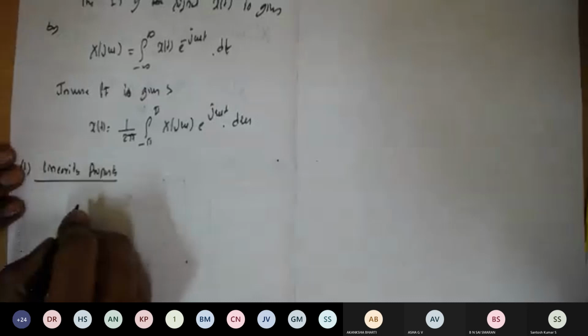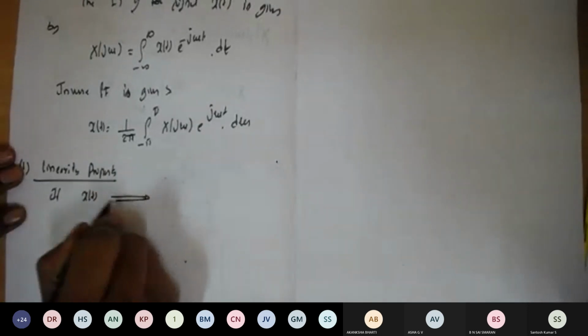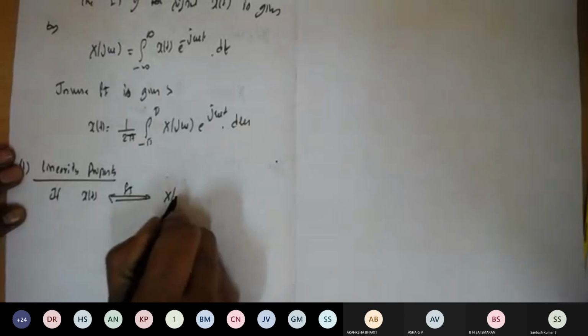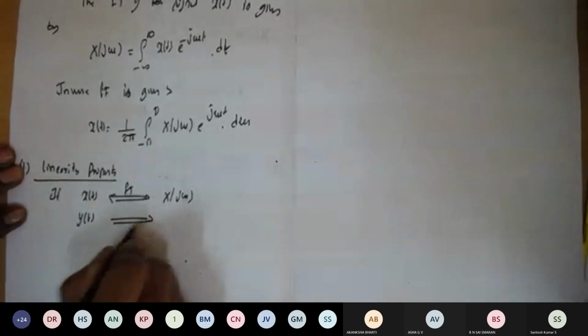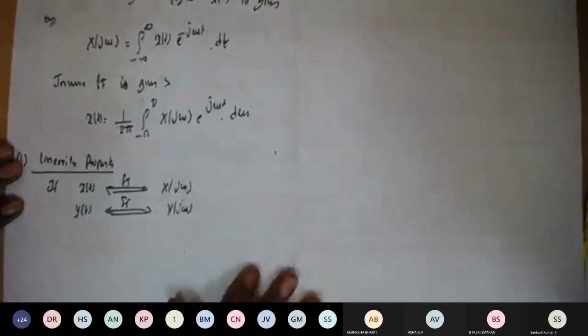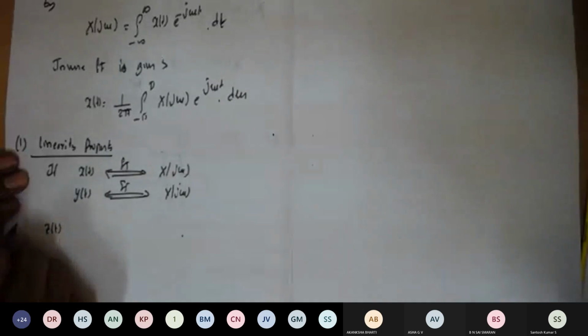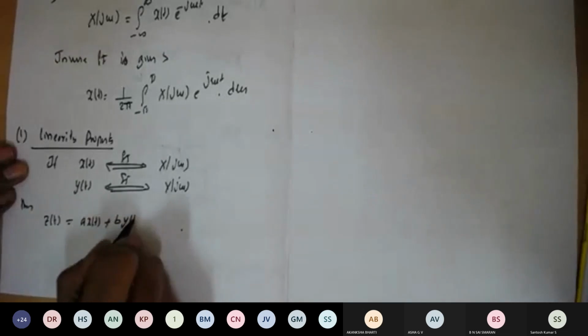So you can take, if the Fourier transform of x of t is equal to x of j omega, and the Fourier transform of y of t is equal to y of j omega, then z of t is equal to a into x of t plus b into y of t.